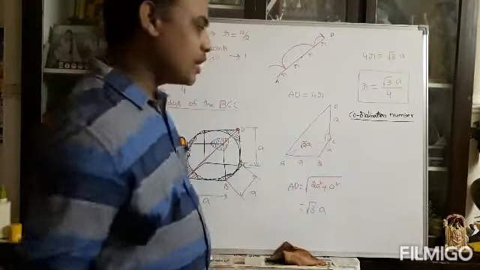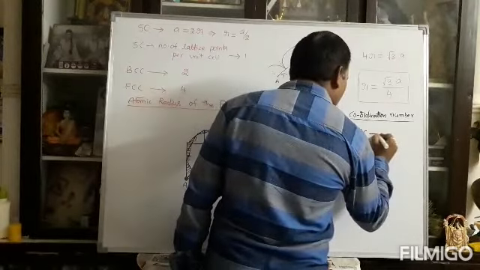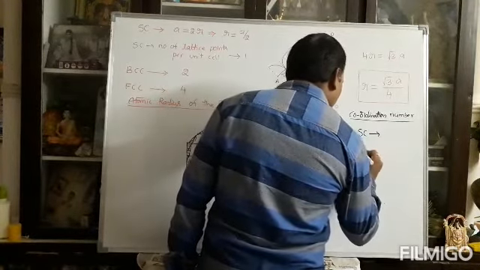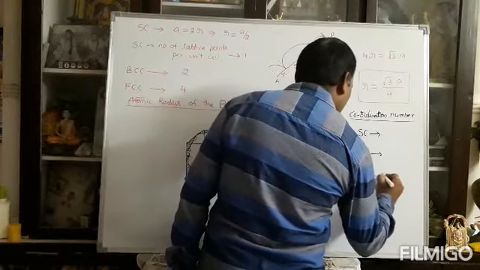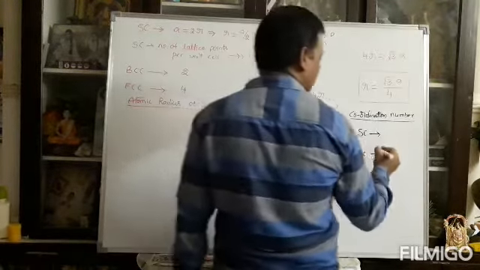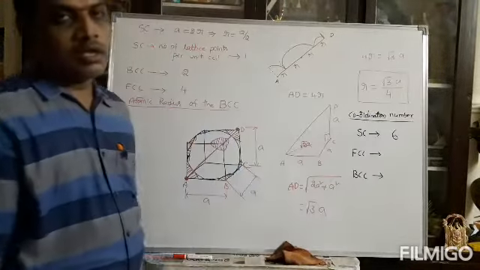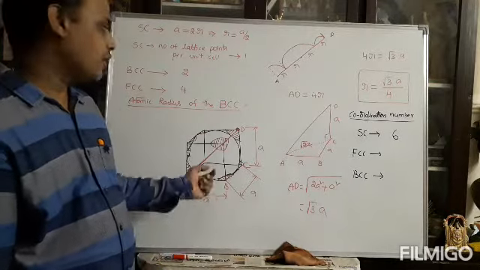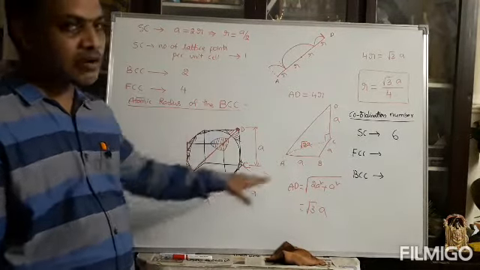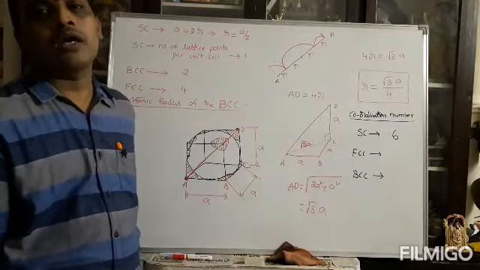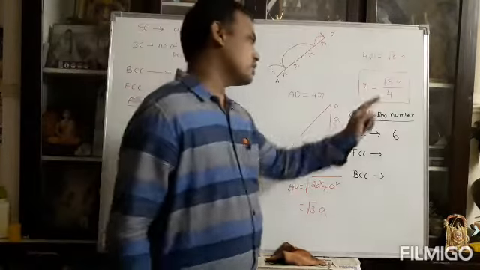This you want to calculate for simple cubic structure, face centered cubic structure and body centered cubic structure. For simple cubic structure, the coordination number is 6. In a simple cubic structure, every corner atom or lattice point is surrounded by 6 atoms. That number of neighboring atoms is called the coordination number.